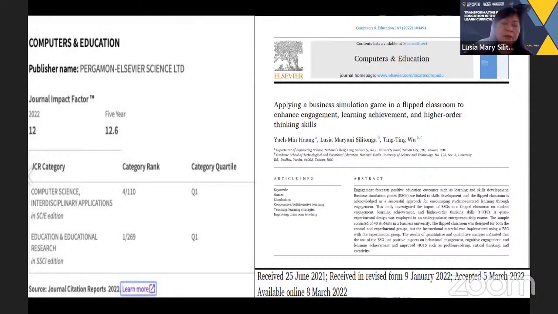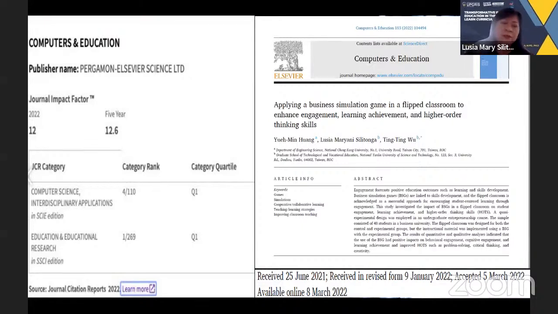SSCI paper, not Scopus. But this paper is also Scopus indexed. This SJR, this is in the category of computer science, and Q1, this is ranking 1 of education and educational research.